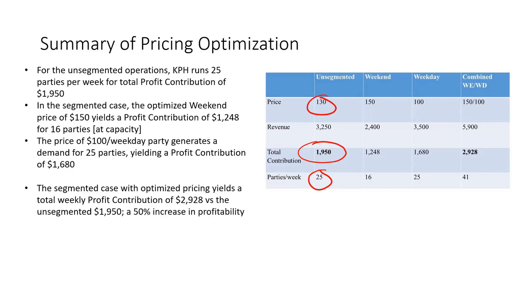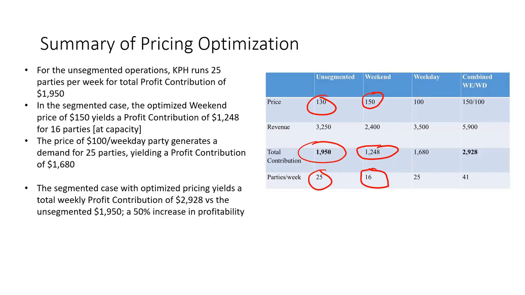In the segmented case, the weekend price of $150 yields a profit contribution of $1,248 for the 16 parties that the kids' party house could run on a Saturday and a Sunday.